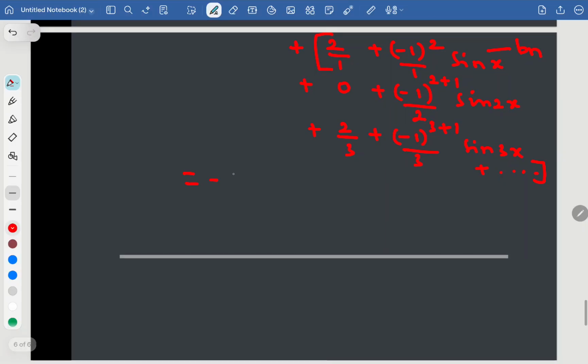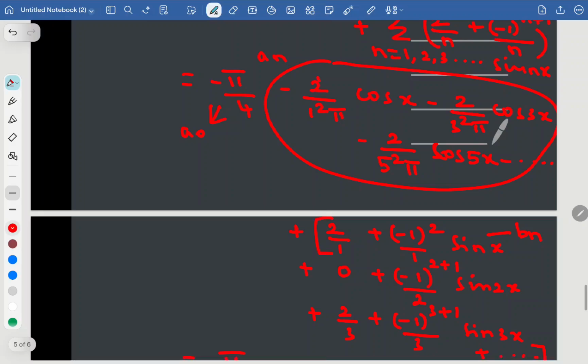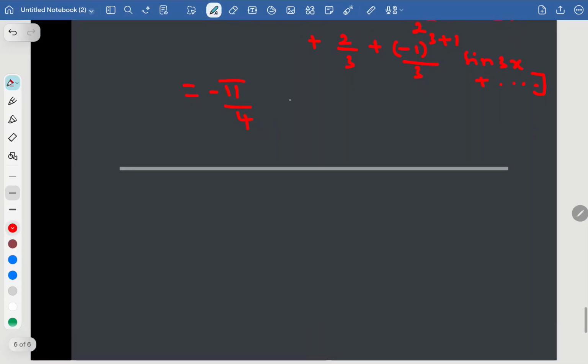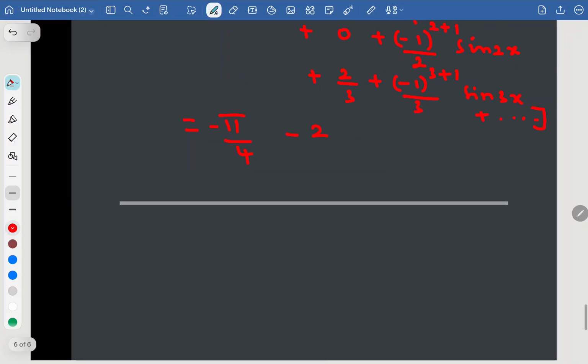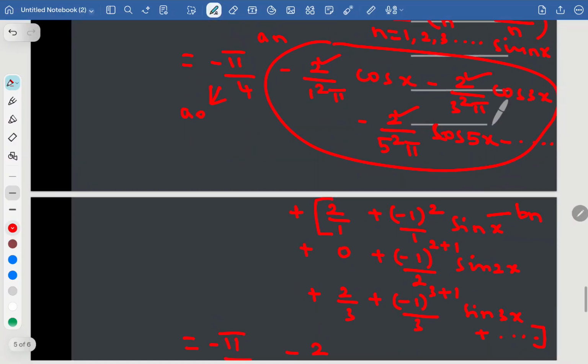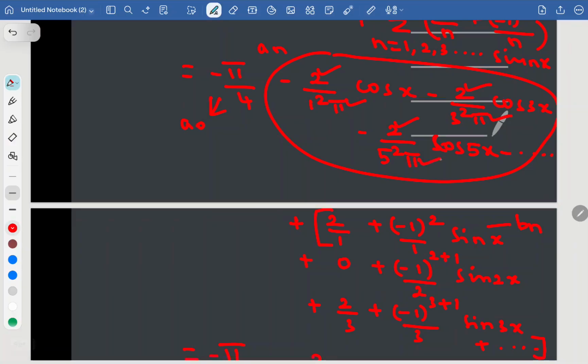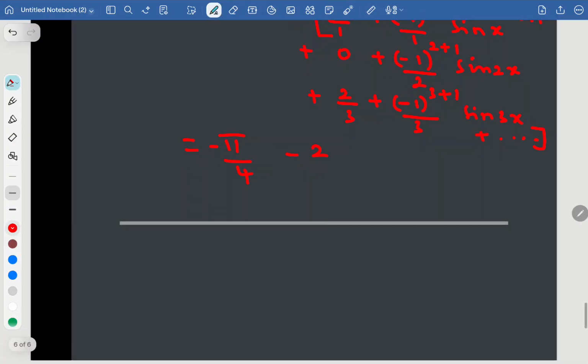Now final answer minus pi by 4. See, minus 2, minus 2, minus 2. Take minus 2 outside. Also, pi is common in all the terms. Take pi outside. Minus 2 by pi.